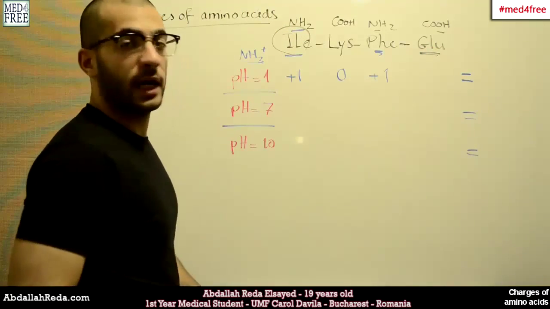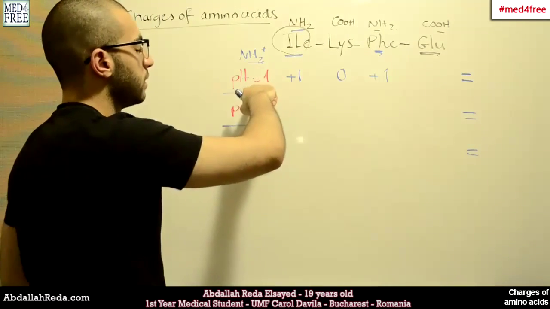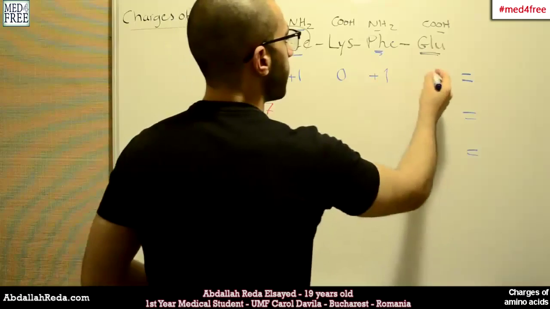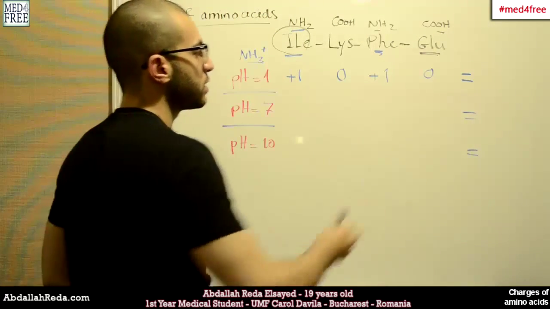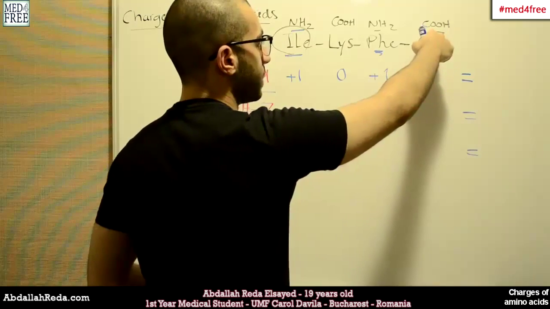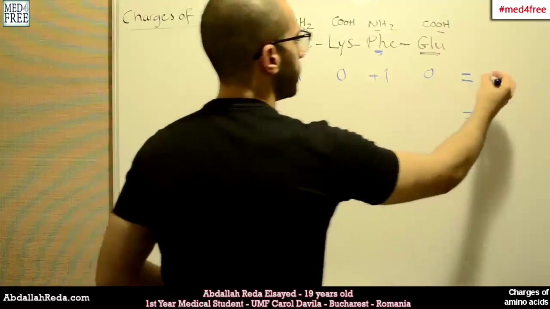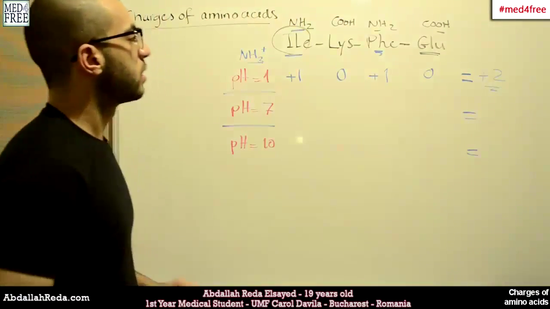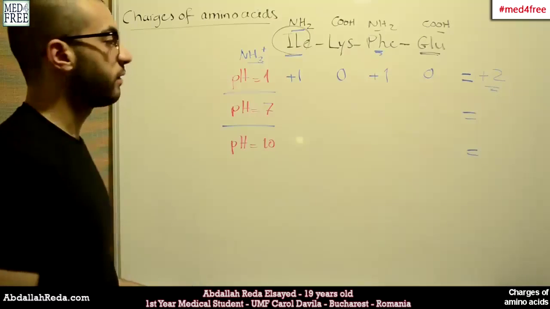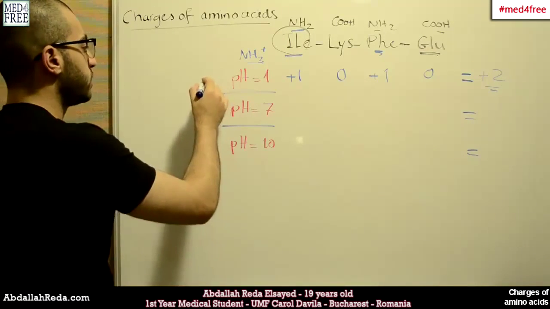Glutamine has a pI of around 3, still higher than the pH of 1, so we'll have a 0 because we're having a carboxylic end. So +1 gives us a +2. So this is the charge of the peptide chain at a pH of 1.